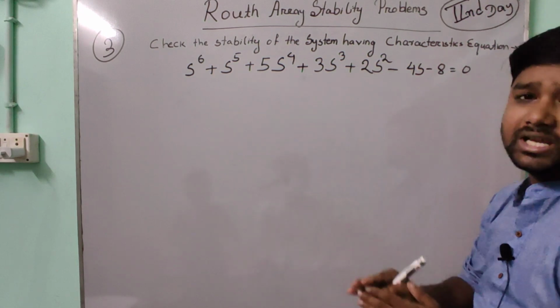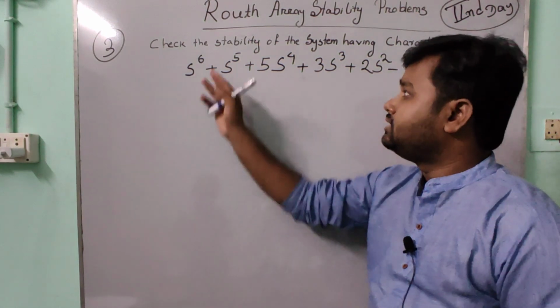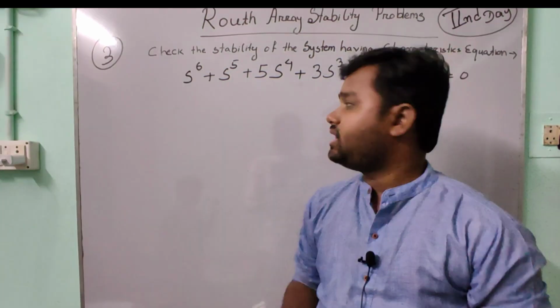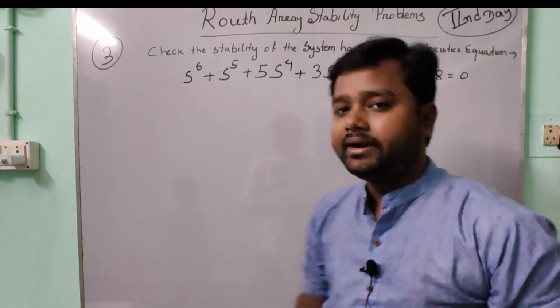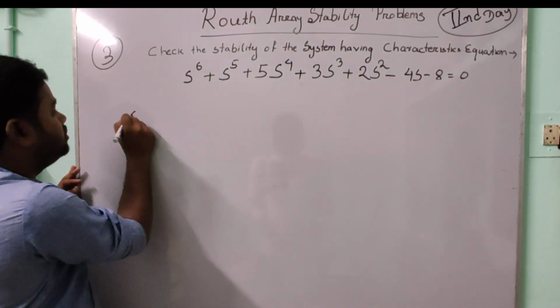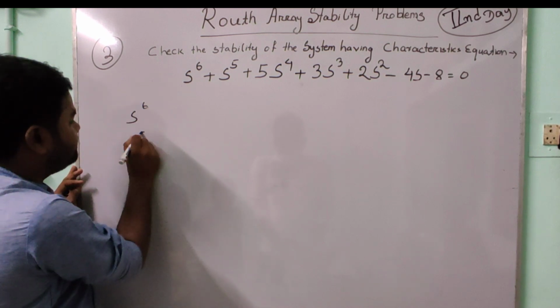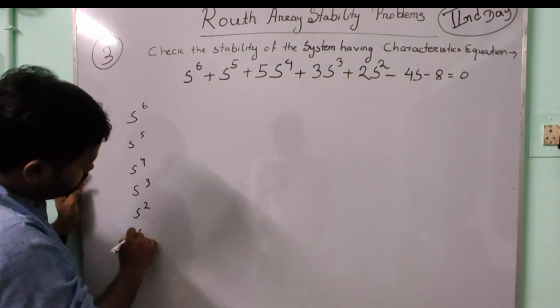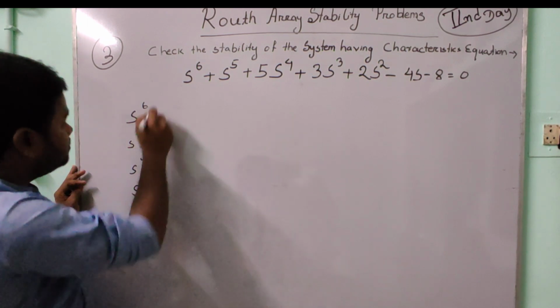Since the first two steps are already clear, that is the characteristic equation and the arrangement in decreasing order of power of s, now we will put these values in the table. The maximum power of s is 6, so the rows are s^6, s^5, s^4, s^3, s^2, s^1 and s^0.